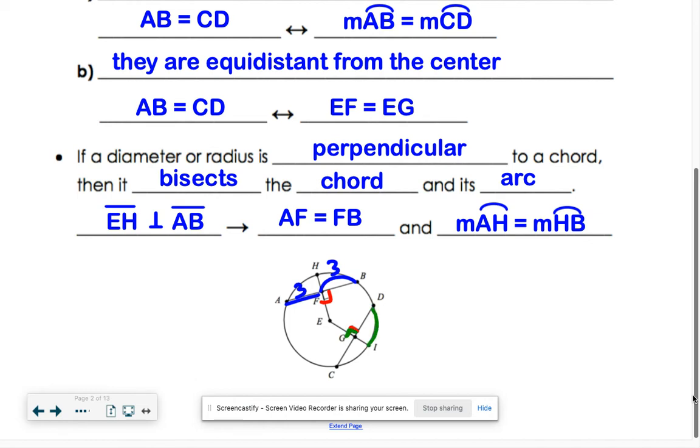So DI is the same as CI. So let's pretend, I don't know, 20 and 20. Does that make sense? So then in symbols, they're telling us EH is perpendicular to segment AB. Therefore, AF is congruent to FB, and arc AH is congruent to HB.